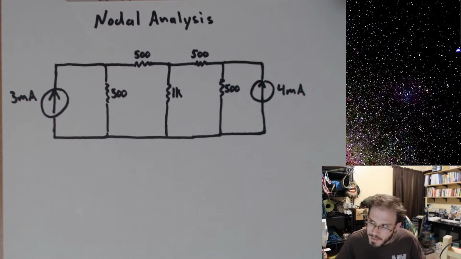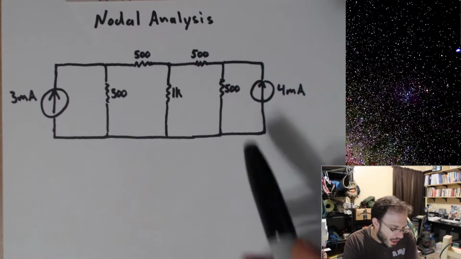Now, similar to mesh analysis, this is one of those procedural or programmatic methods for solving your circuit, so as long as you step through the steps and apply them correctly, we're going to get the correct answer no matter what. So it's really nice in that aspect.